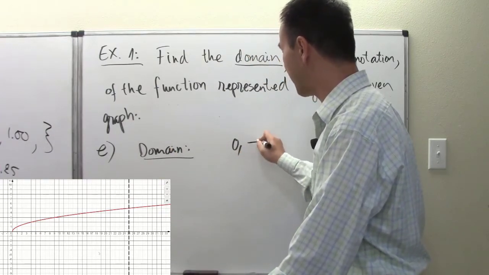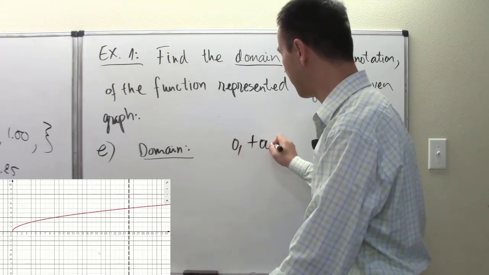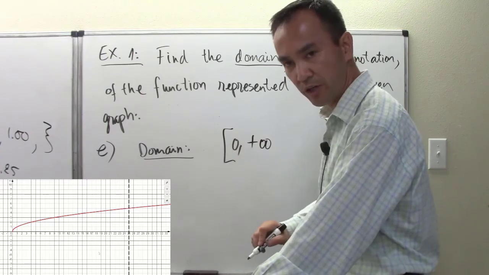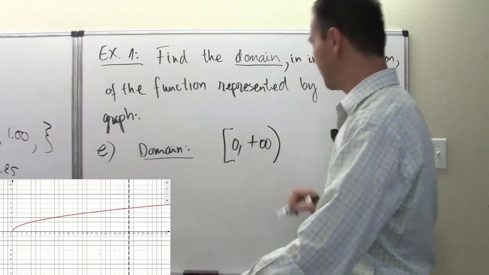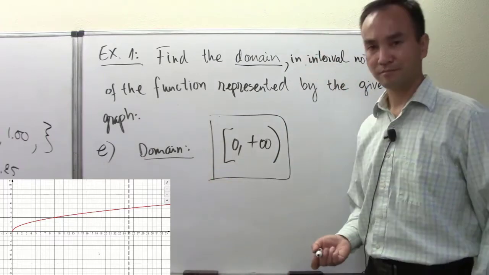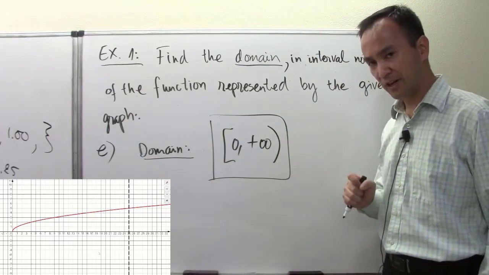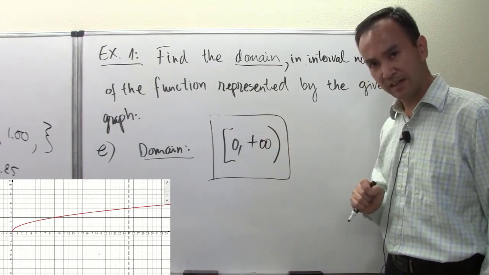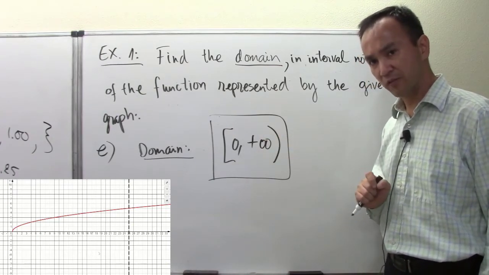That means we're writing that as between 0 and positive infinity. Okay, but then as far as the 0 value, we do accept 0, we do include 0, and we put a bracket here. Okay, and that's another one that shows us how we get that interval from a graph, that domain interval from a graph.